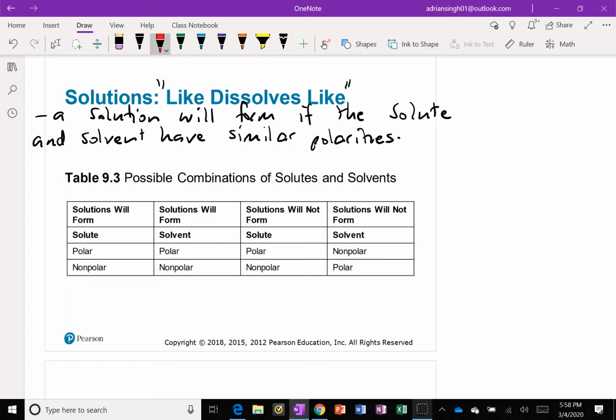And just based on mixing two things together, you can actually predict the polarity of a molecule or a compound, right? So for example, if you take some water, and we know now water is polar, and we add some oil to it, stir it up to mix it, what do you see? Do they mix? No. They don't mix, right? So we know, based on all the chemistry we did so far, that water is polar.